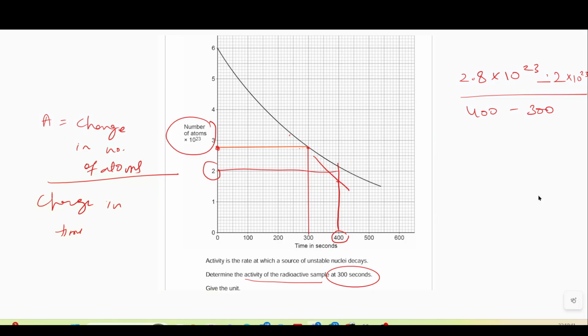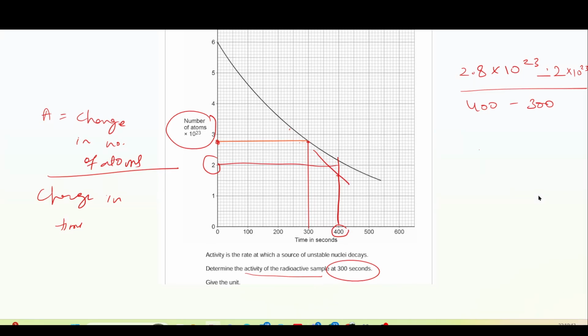So 2.8 minus 2 is 0.8, and this is 100. If we divide 0.8 by 100, what we will get?